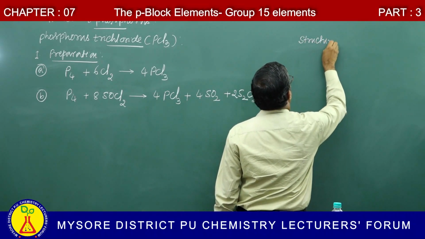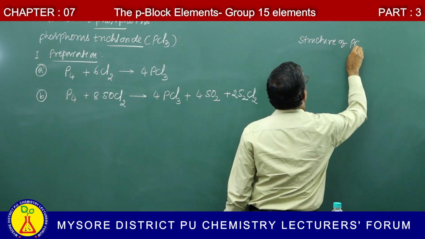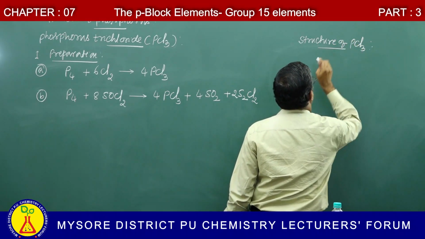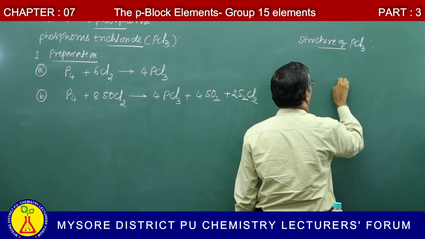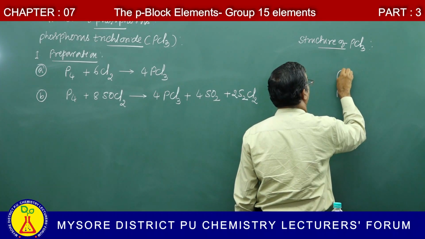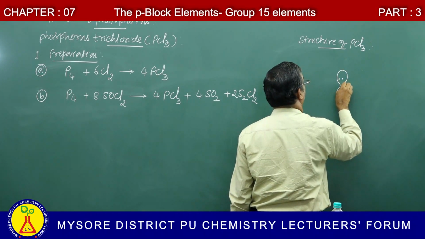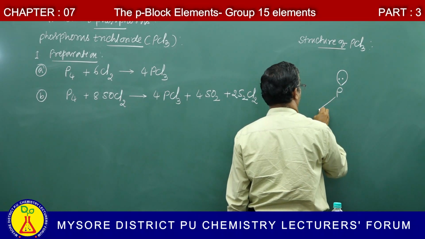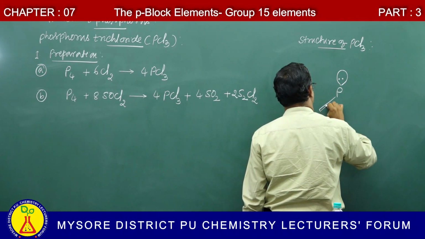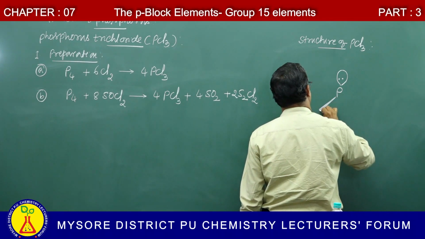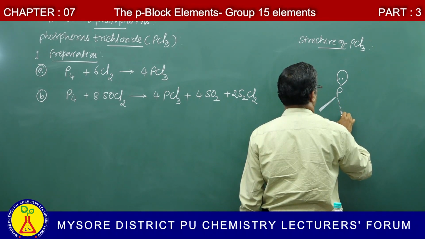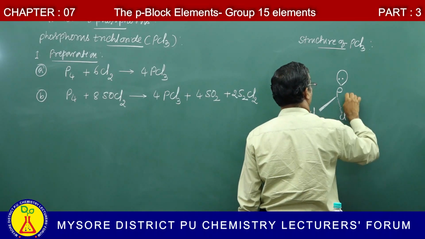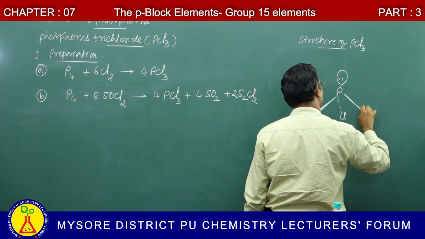Structure of PCl3, phosphorus trichloride. Look here, phosphorus, here there is a lone pair of electrons on the phosphorus atom and then Cl, Cl, here this also Cl.